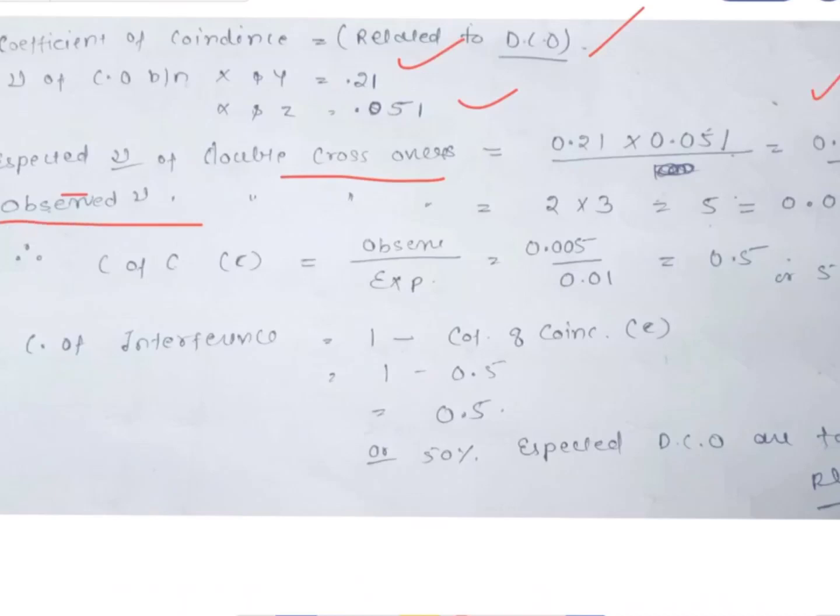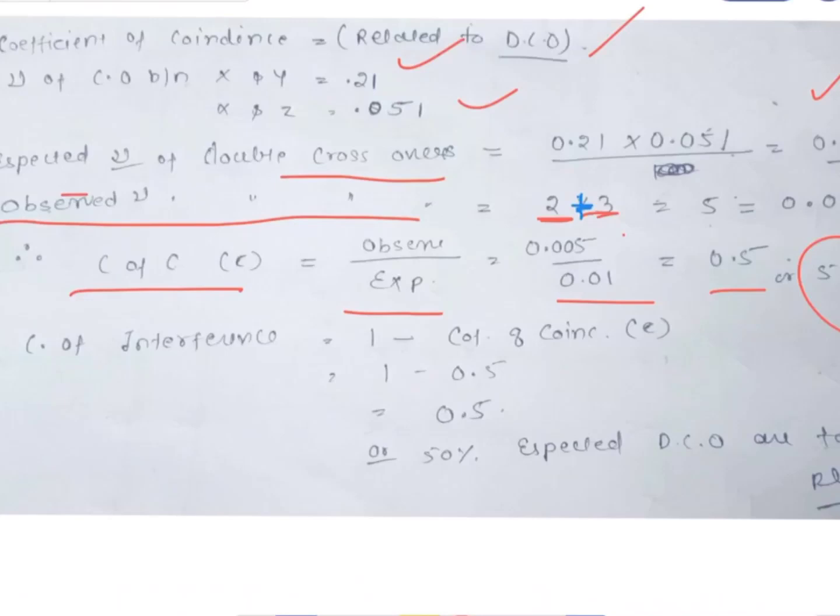The observed frequency of double crossover is given in the data: 2 and 3, that is 5, and divided by 1000 we get 0.005. The coefficient of coincidence is the observed double crossover divided by the expected double crossover. So 0.005 divided by 0.01 gives 0.5, or 50%. It means 50% of crossing over does not affect the other crossing over.